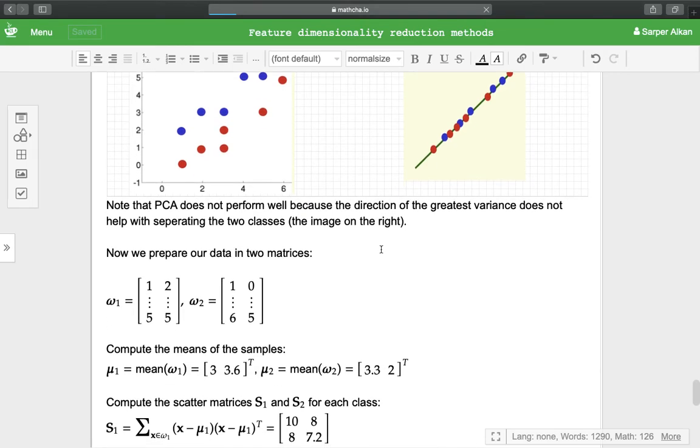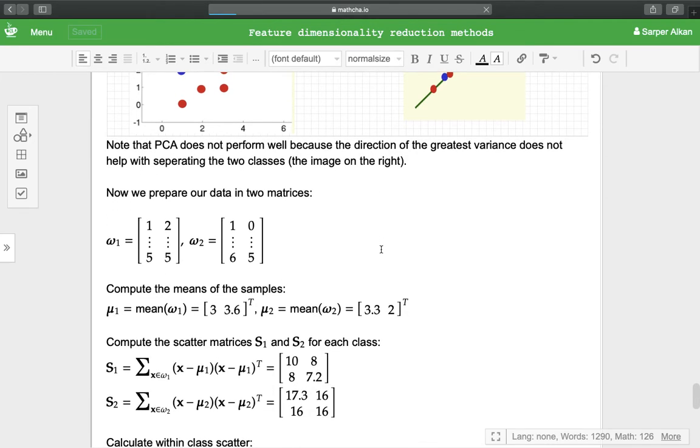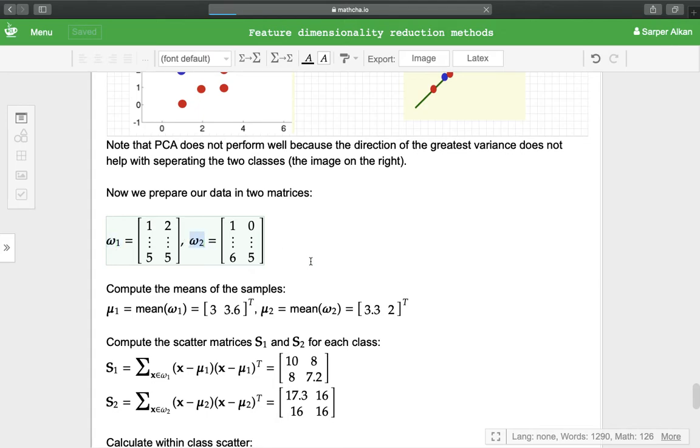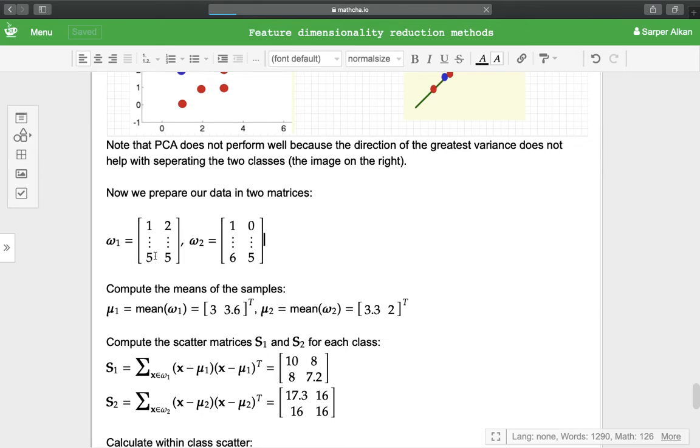Now, for Fisher linear discriminant, we prepare our data in 2 matrices. Let's call them omega 1 and omega 2 matrices. And we can compute the means of these matrices along the direction of sample dimensions.